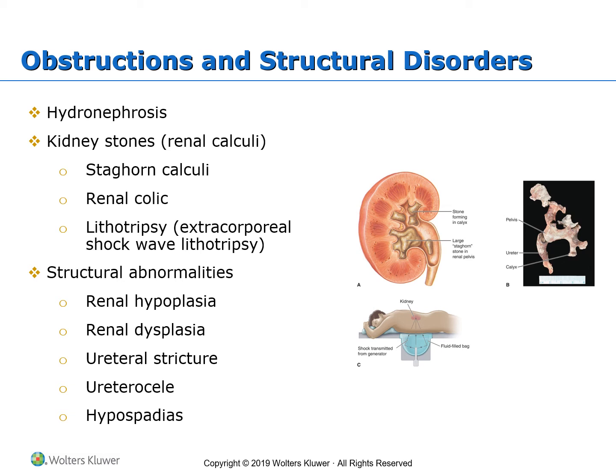I was just saying something about kidney stones. They are also called renal calculi, and those are deposits of tough substances, usually calcium or calcium salts or uric acids that will precipitate, will deposit themselves out of the urine instead of staying dissolved inside the urine and being eliminated.